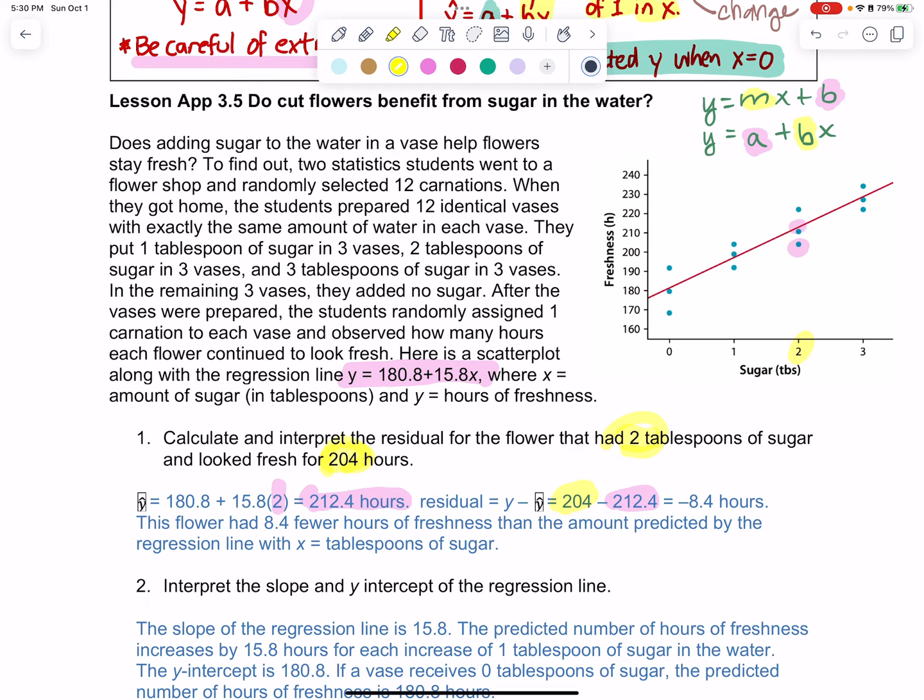So the actual is 204, and the predicted is 212.8, and that's a negative 8.4 hours. You can see on the graph how this is my predicted, and that's my actual. Since the actual is lower than the predicted, it's going to be negative, because remember, residual equals actual minus predicted.